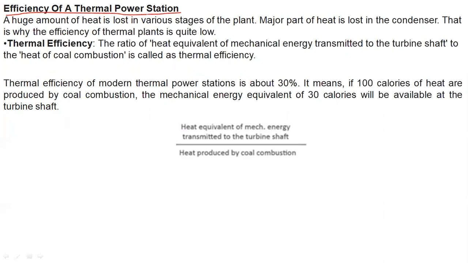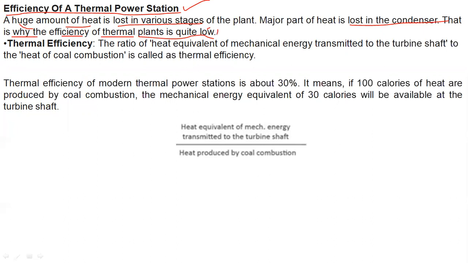Now, how do you calculate the efficiency of the thermal power station? Huge amount of heat is lost in various stages of the plant. Major part of the heat is lost in the condenser. That is why the efficiency of the thermal plant is quite low.